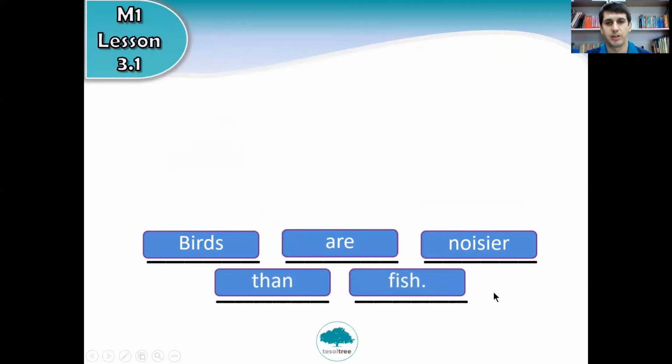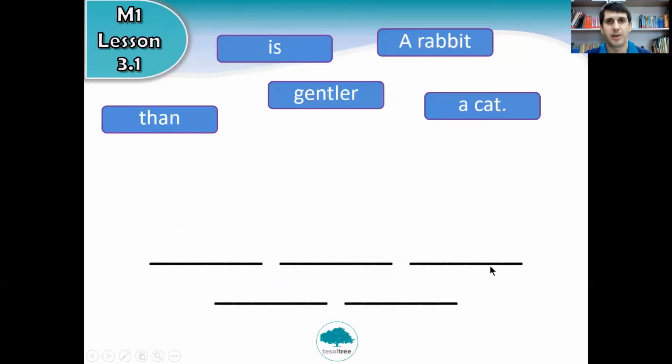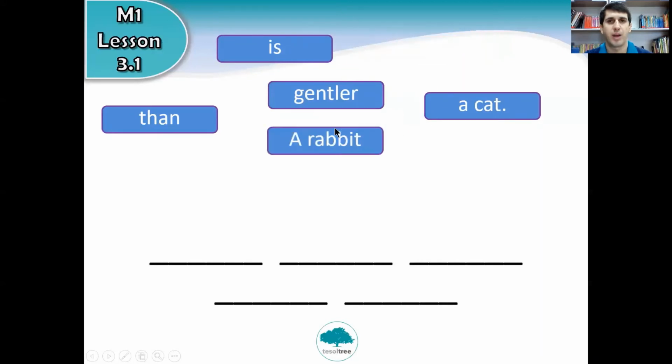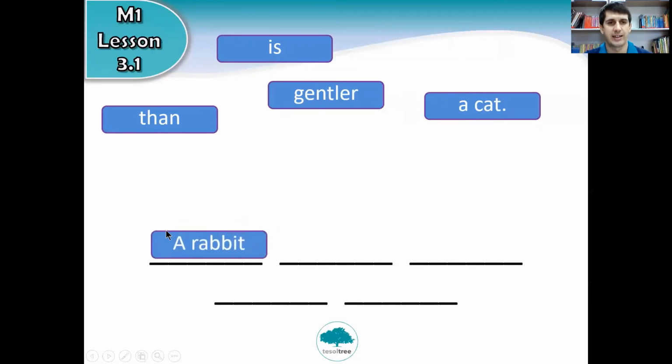So the last word. What about this one? A rabbit, a cat, than, gentler, is. What do you think? Which is the first box? It is, of course, a rabbit with a big A. A rabbit.